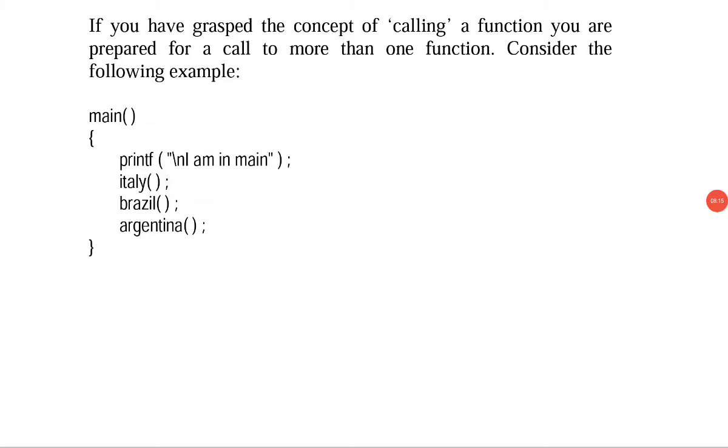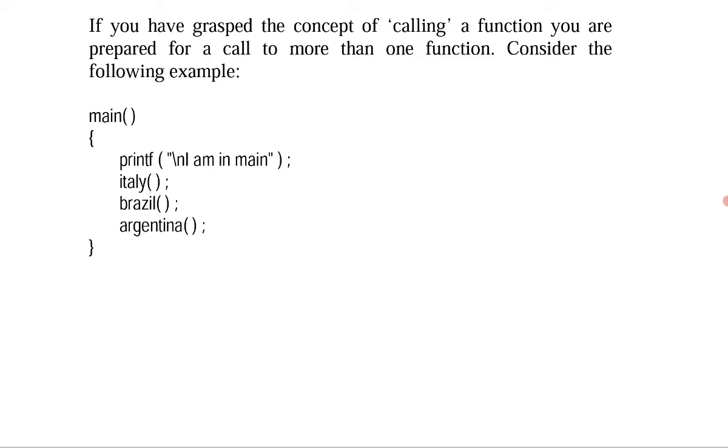First one is called user defined functions. User defined functions are our own written functions. So in this example, Italy, Brazil and Argentina are three user defined functions.